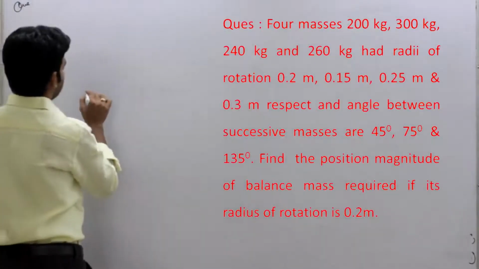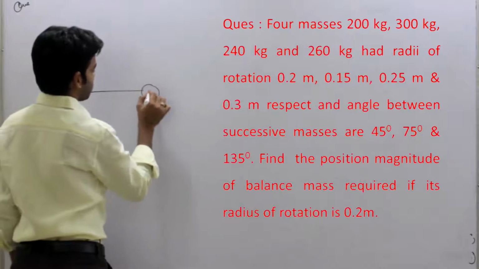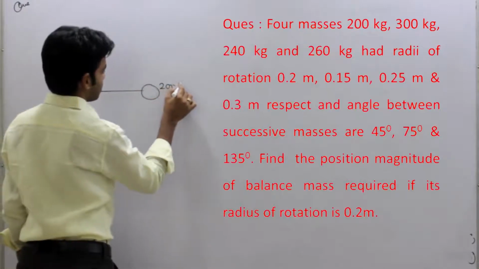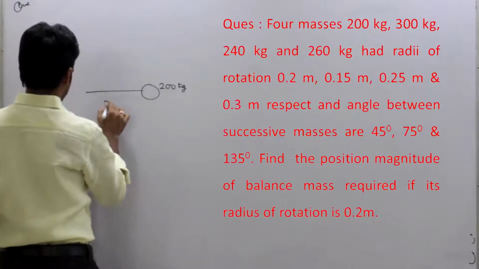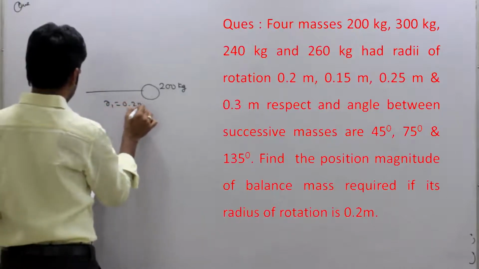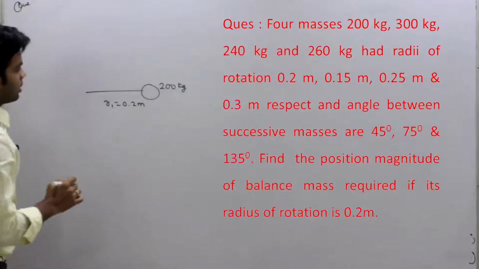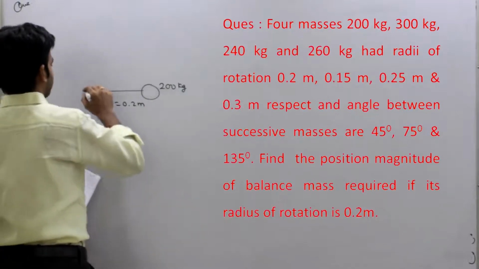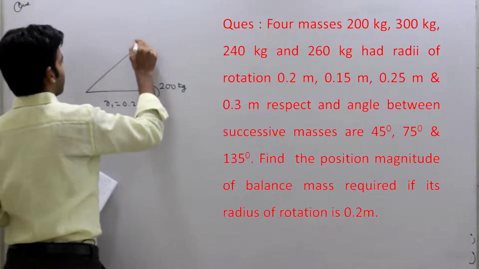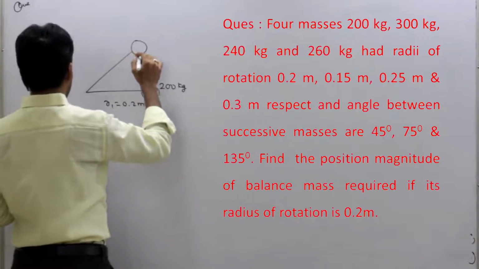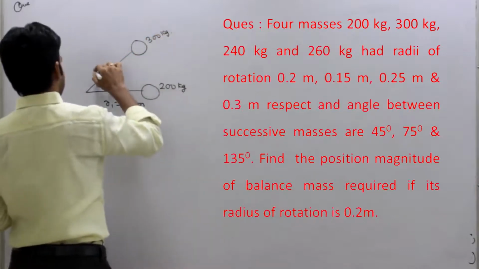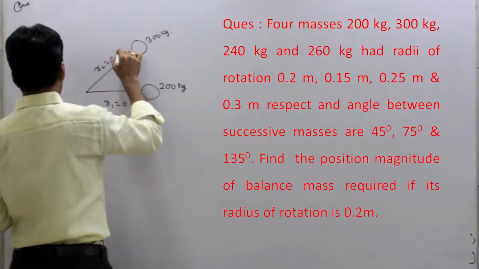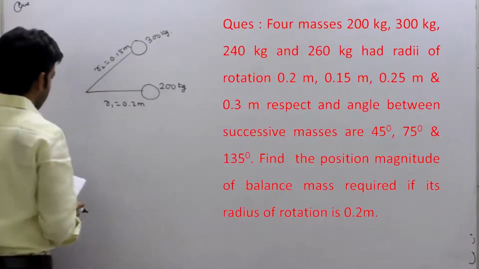Suppose we take the reference plane at 0 degree, where the mass is 200 kg, and the radius of rotation r1 is given as 0.2 meter. Next, at an angle of 45 degree from this, we have another mass of 300 kg with radius 0.15 meter.